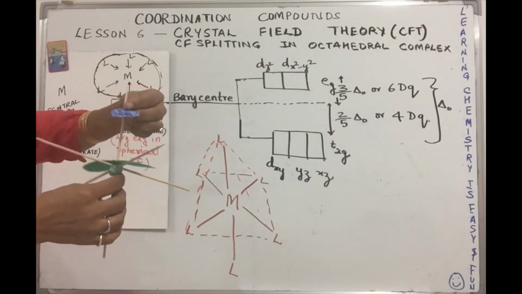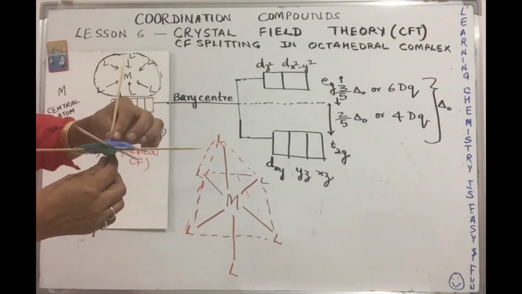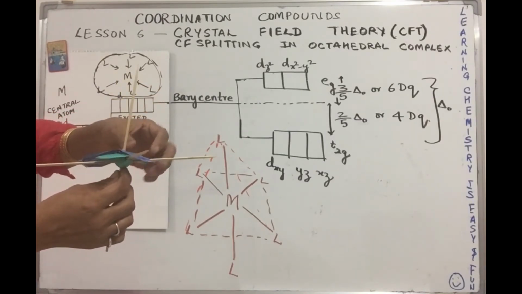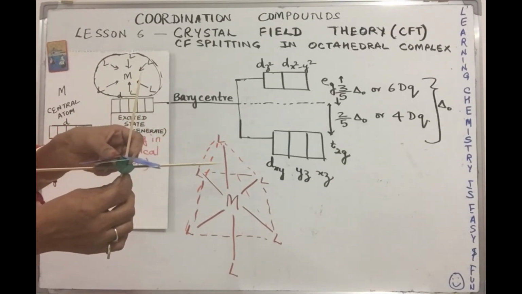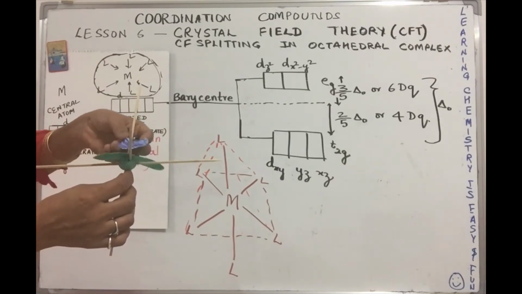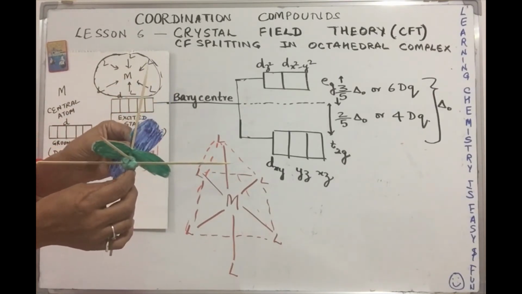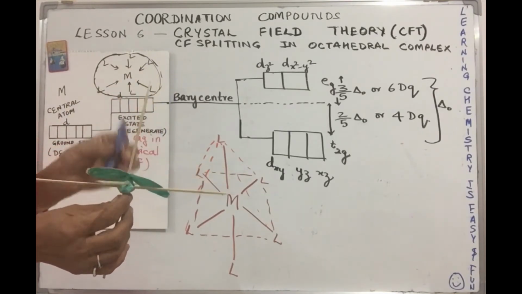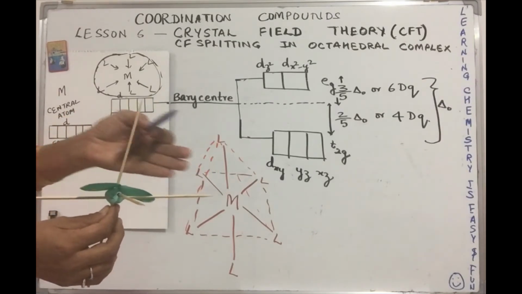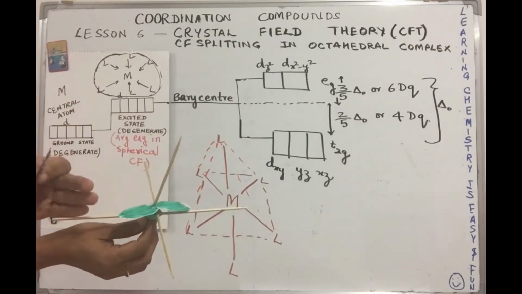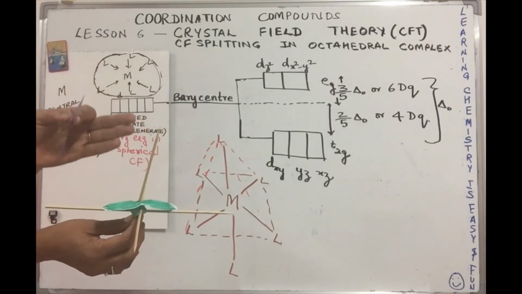Similarly, there's another one. Let's suppose this is xy and then you can call this one xz, because I will align it like this. Correct? Here they are aligned in between the x, y and z axes.